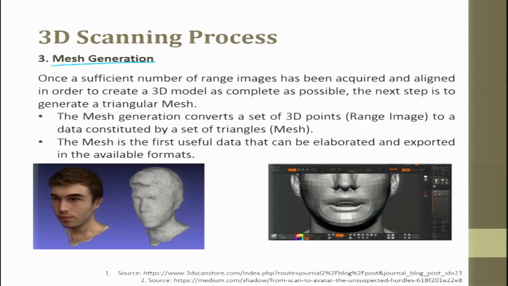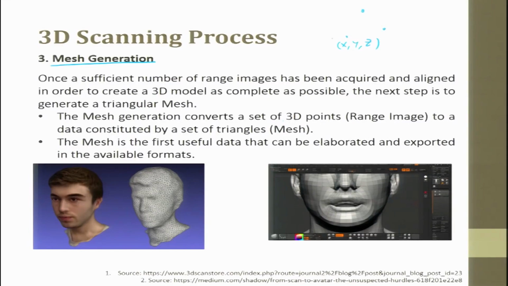Once a significant number of range images have been acquired and aligned, in order to create a 3D model as complete as possible, the next step is to generate a triangular mesh. The mesh generation converts a set of 3D points, range images, to data constituted by a set of triangles called a mesh. The 3D points will be x, y, z.